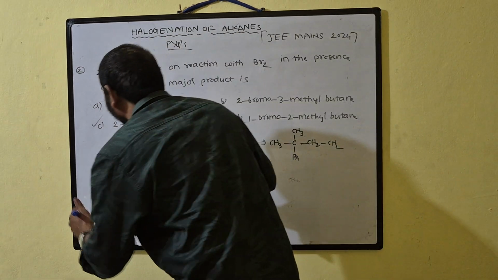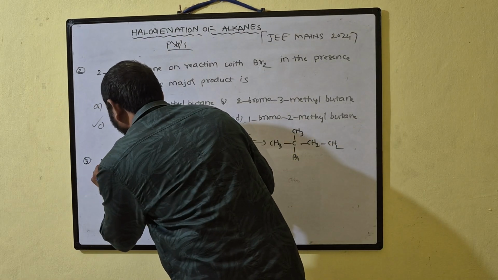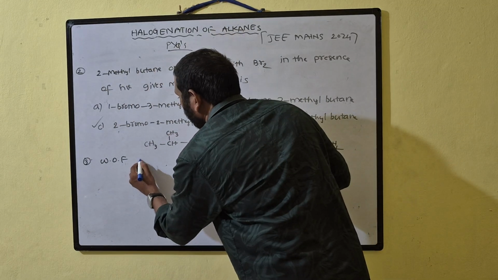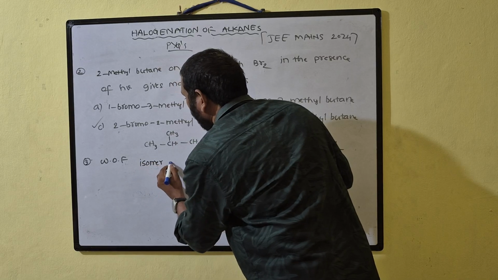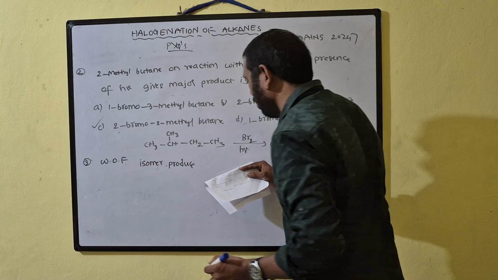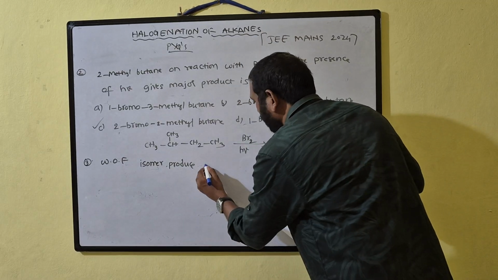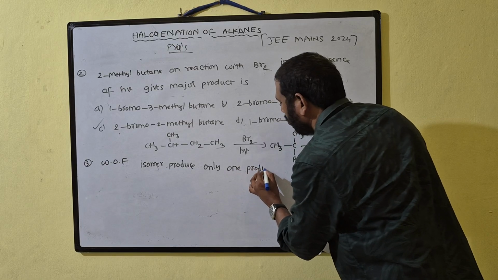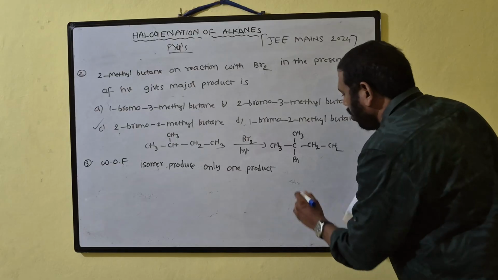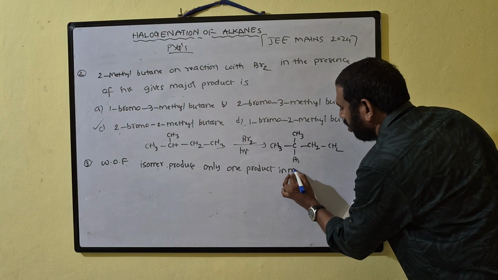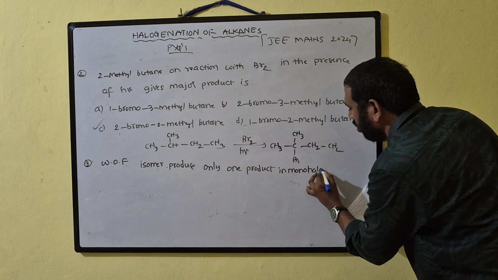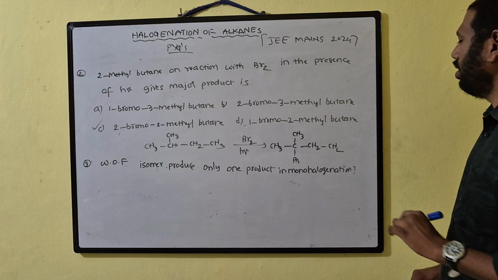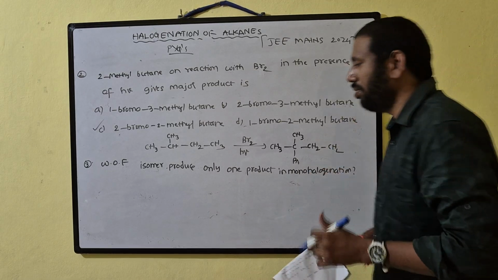Next, coming to the third question. Which of the following isomers produces only one product in monohalogenation? He gives some isomers.